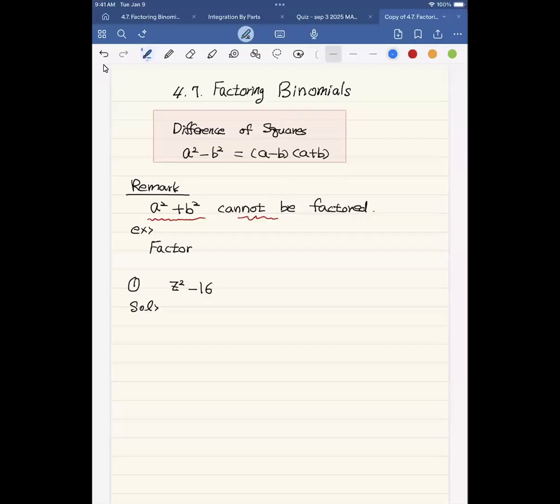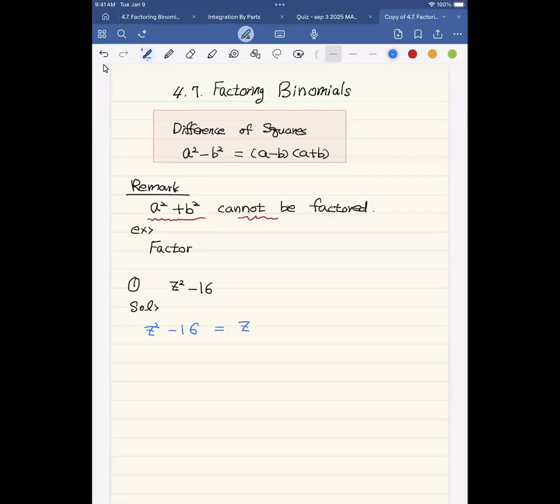In factoring binomials, it's important to recognize the pattern of the binomials. When we have z squared minus 16, there are two terms, so that's a binomial.